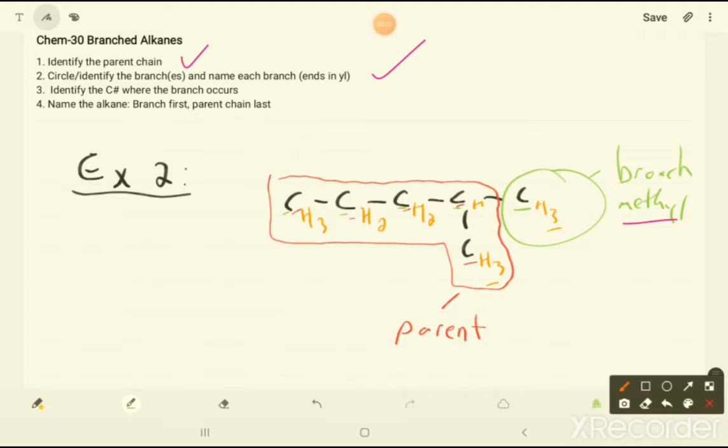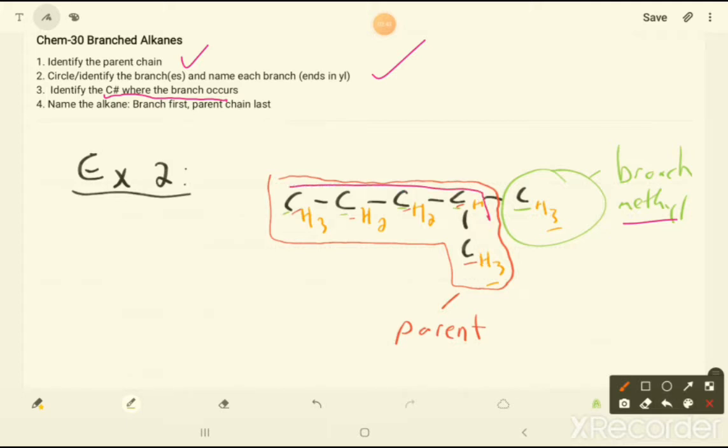And then the next step is to identify the carbon number where the branch occurs. Now, the first branch occurs over here. What that means is we could count from this side and go this way, or we can count this way.